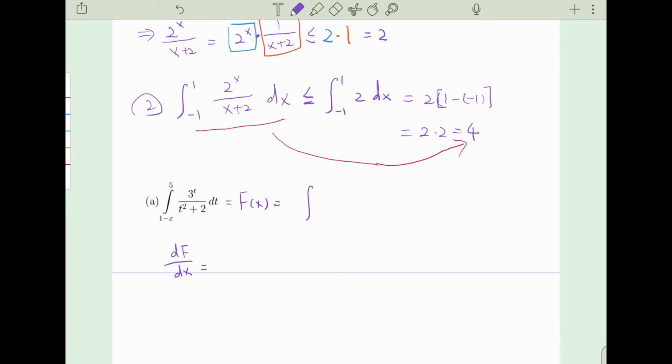That is 5 here, 1 minus x here, by placing a negative sign here, 3t over t squared plus 2 dt.